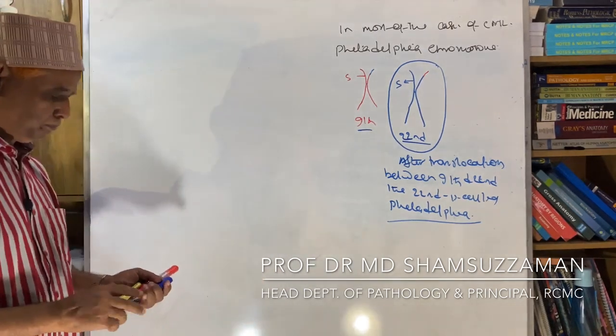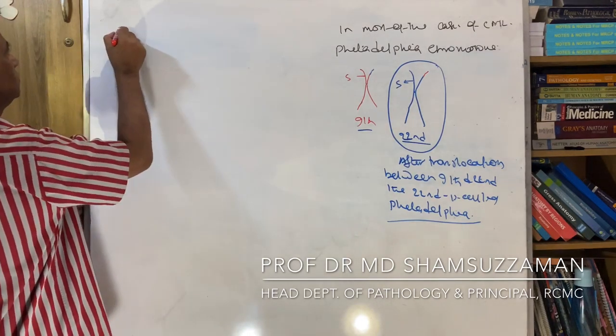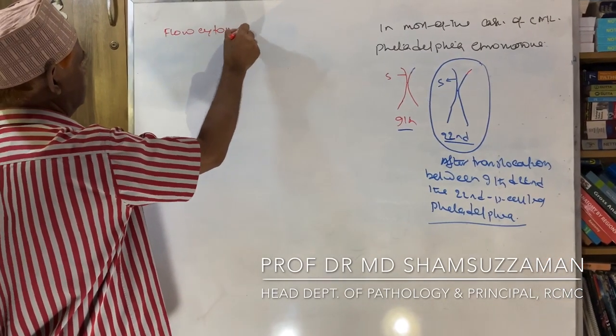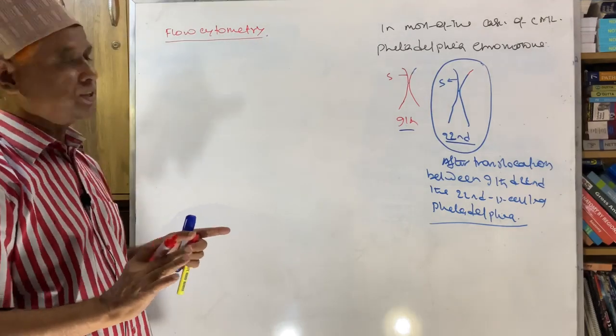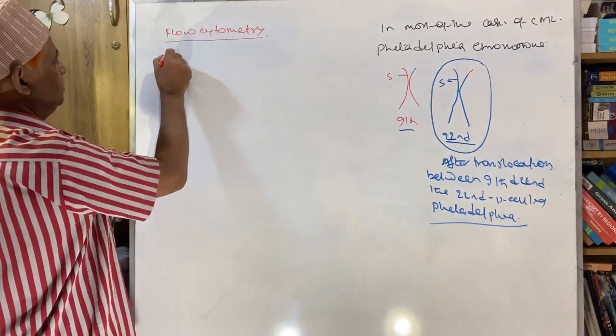Now come to flow cytometry. Dear audience, we do flow cytometry to diagnose leukemia. It is a laboratory method.